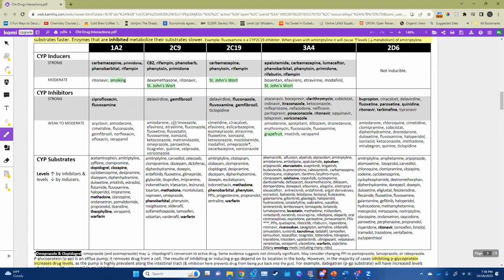These are your major interactions. These are very common drugs. These are very common drug interactions. So knowing where these drugs are and how they work is going to be a major part of your role as a pharmacist.